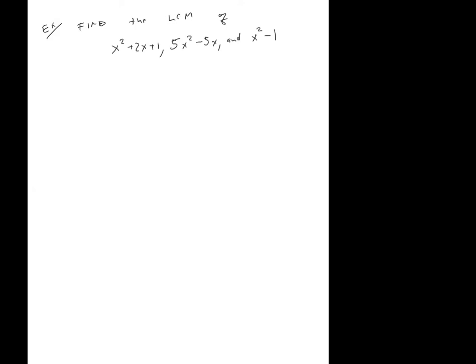So we got 3 polynomials, a trinomial, a binomial, and a binomial. We want to find the LCM here. This is what your homework will kind of start looking like.